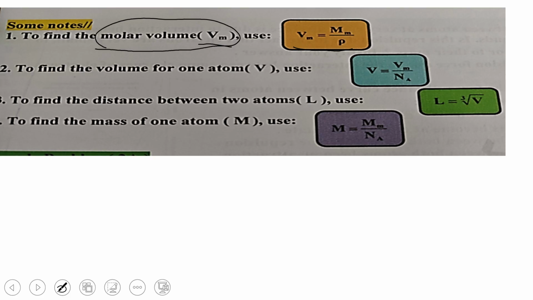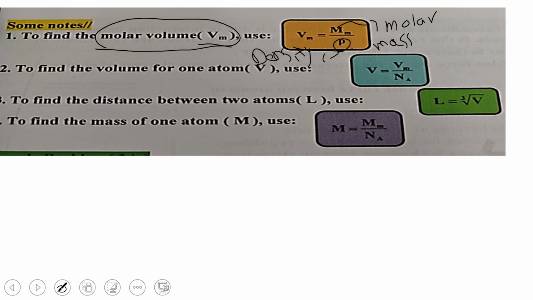This M, capital M small, is the molar mass, and rho is density. So Vm, molar volume, equals molar mass over density. This is the rule to find the molar volume in each equation.